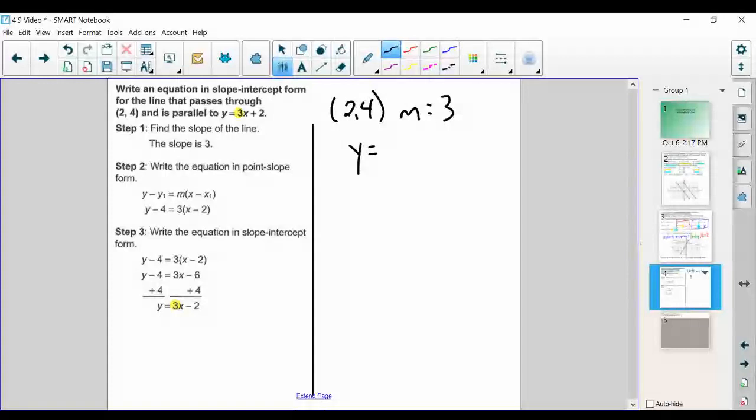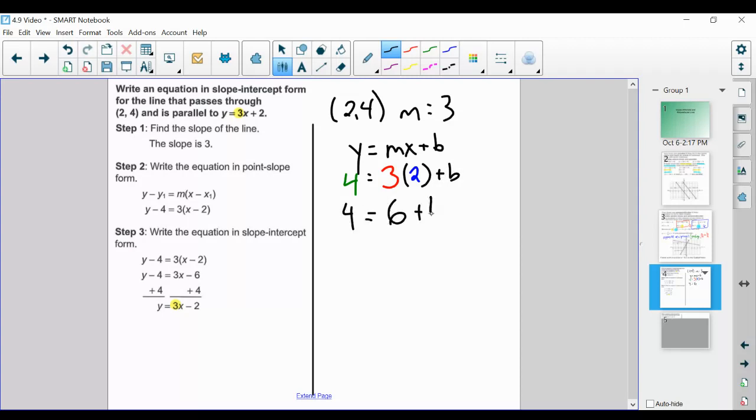So again, slope-intercept form is y is equal to mx plus b. My y is going to be 4, is equal to my slope, which is 3, times now the x value of 2, plus b.